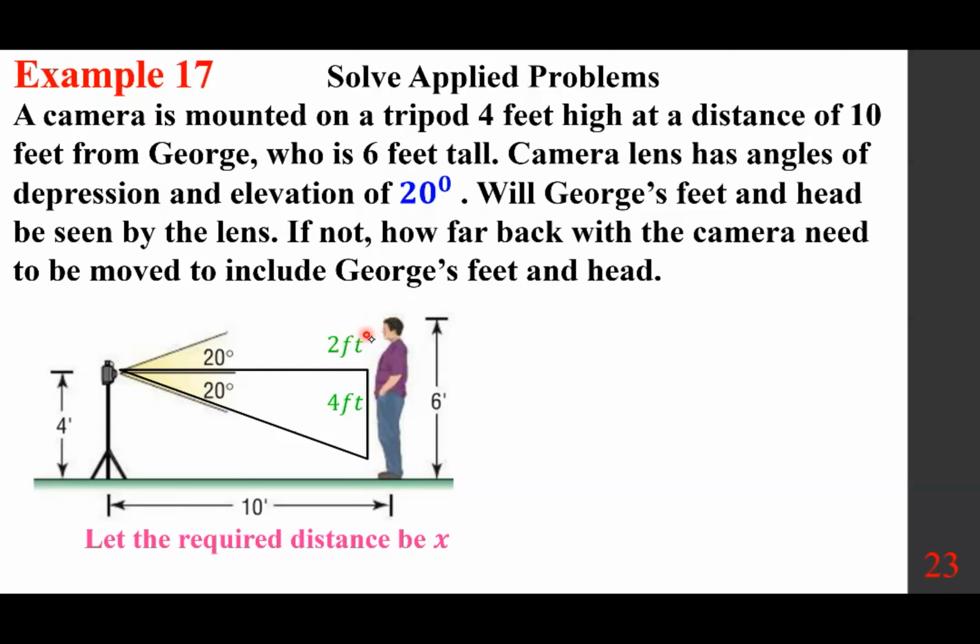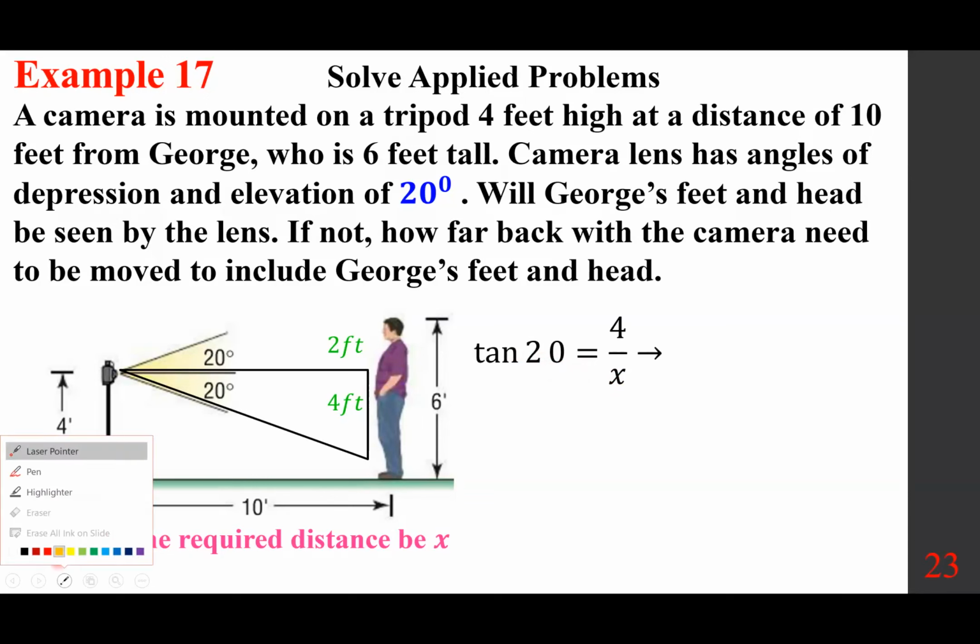So tan of 20 degrees, if we look at this one, is the opposite, which is a 4, divided by X. Therefore, X and tan 20 can interchange because of the nature of the proportion, everybody.